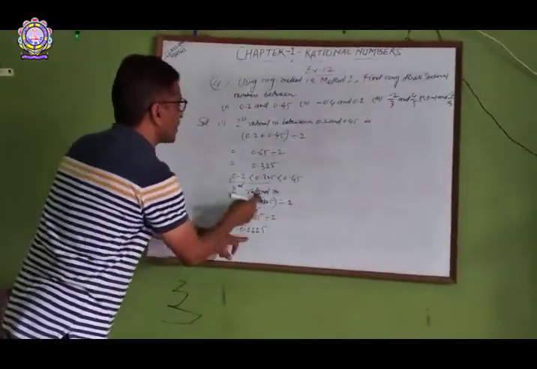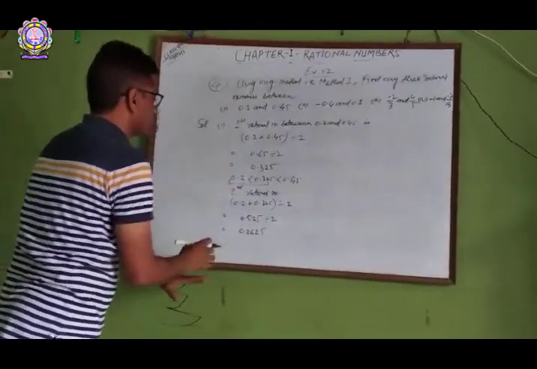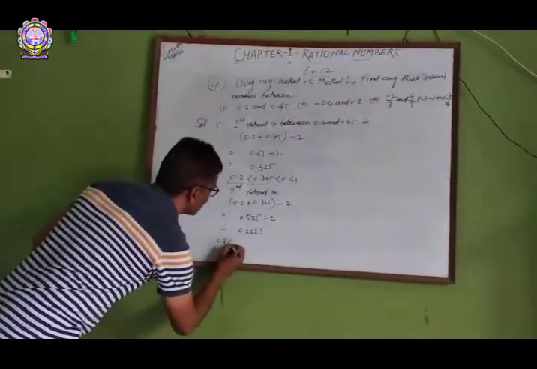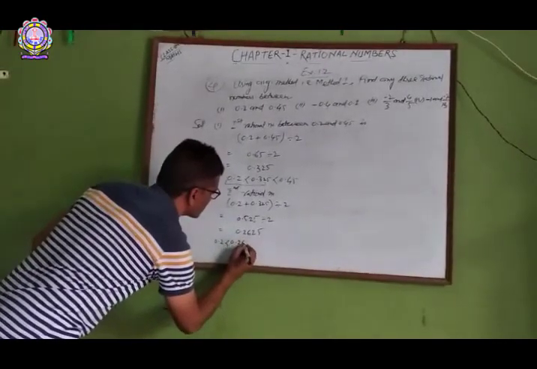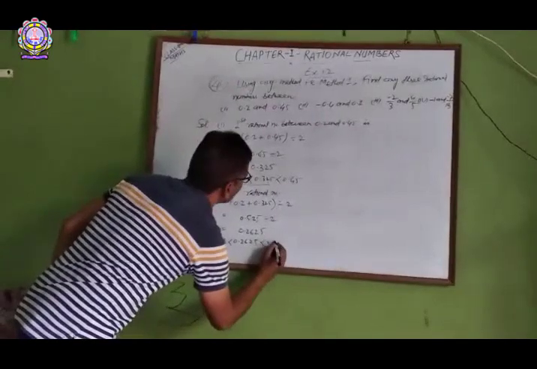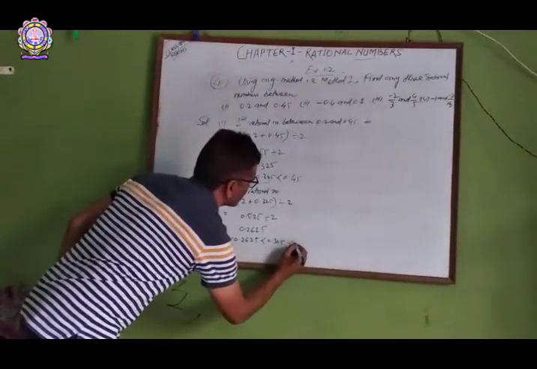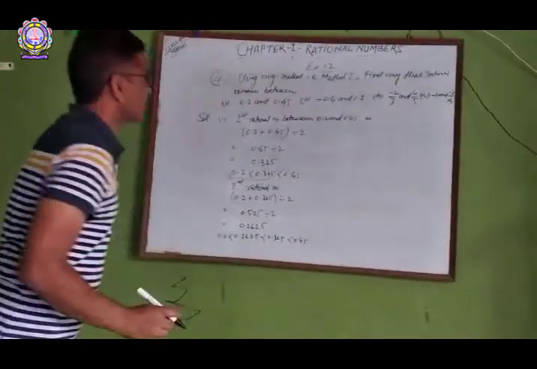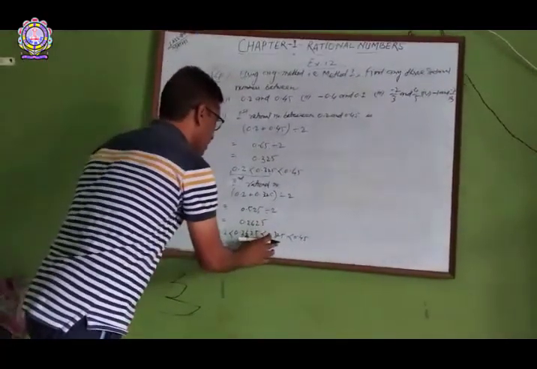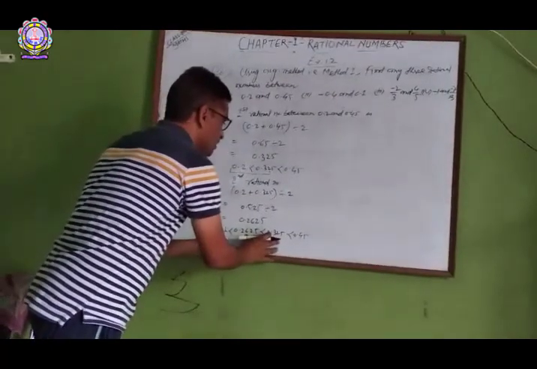This number will lie between them, and this can be written as 0.2 is less than 0.2625 is less than 0.325 is less than 0.45. Here are two rational numbers between this and this.